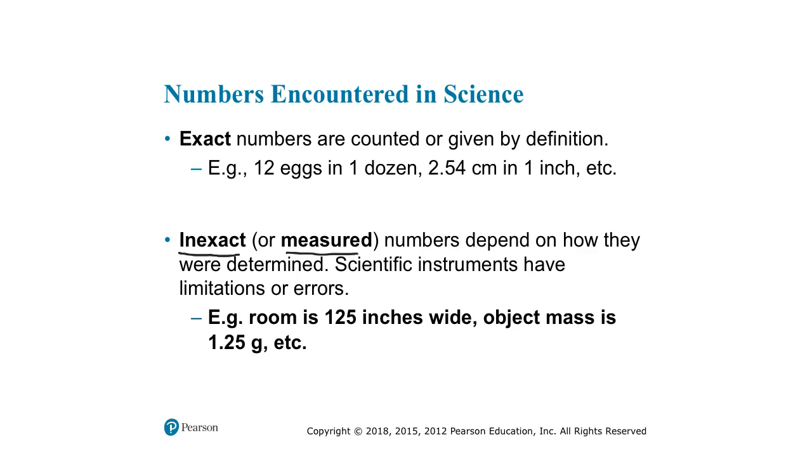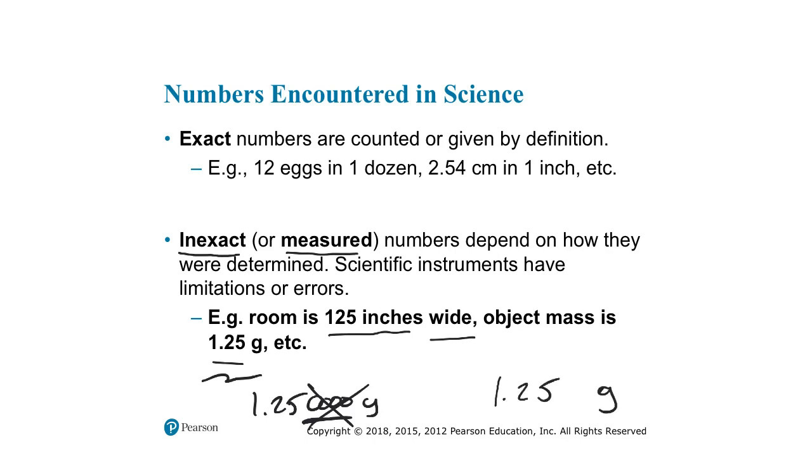Whenever we talk about making some sort of measurement, those numbers depend on how they were determined, and scientific instruments have different limitations and errors. So an example here would be, let's say a room is 125 inches wide. An object is 1.25 grams in mass. So this object here, it's not 1.250000 grams. That would be a different measurement. We don't have that preciseness to make that claim for the mass of the object. What we know it to be is 1.25 grams, and that means there's about plus or minus 0.01 grams in the measurement of that particular mass.